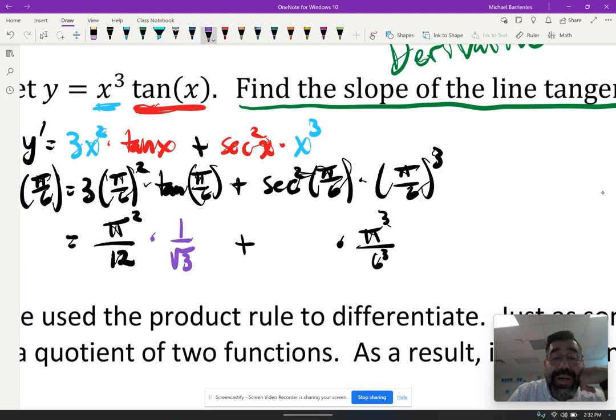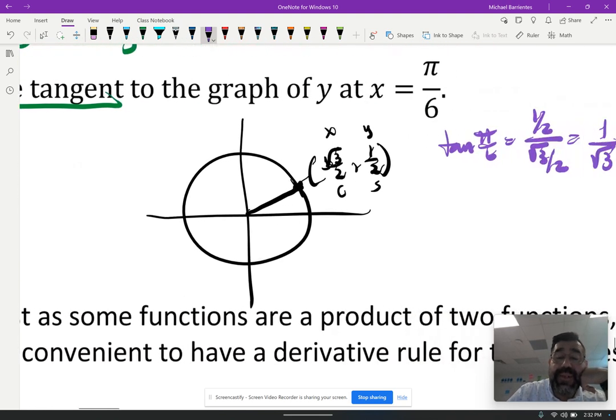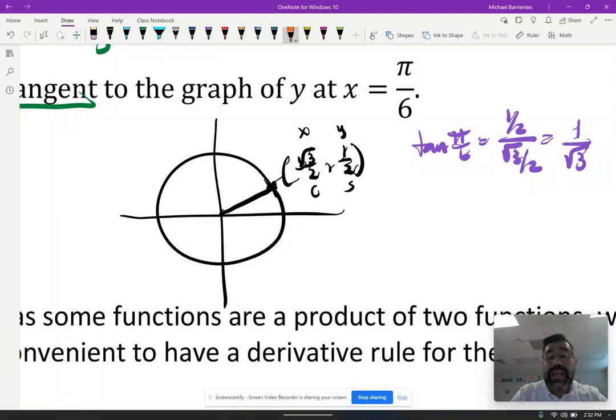For secant squared of pi over 6, let me go back over here. I need to remember that secant is the reciprocal, the flip of cosine. But cosine is square root of 3 over 2. So therefore, the flip of that would be 2 over square root of 3.